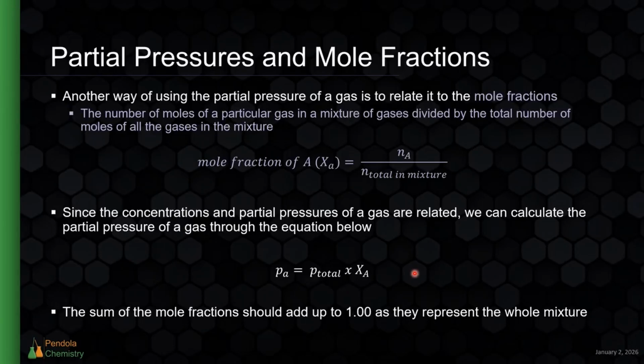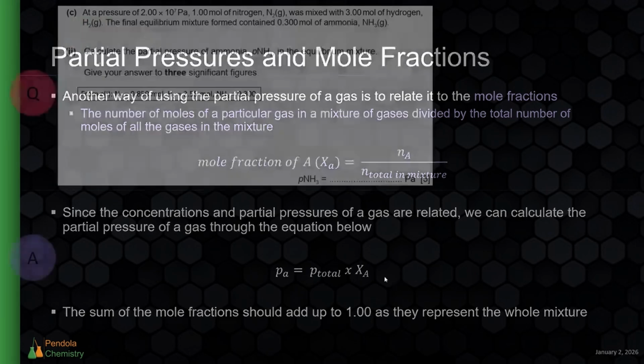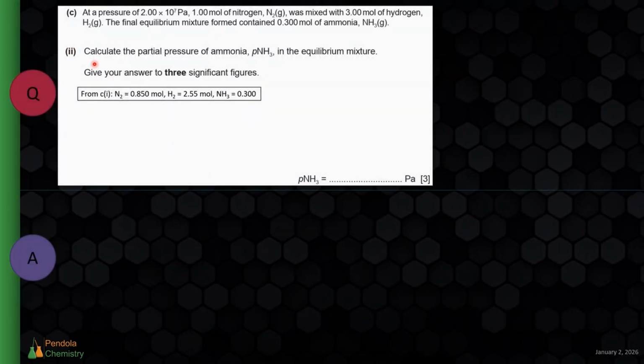So let's look at an example of a question that uses these mole fractions. This is part 2 of a question. I have gone ahead to save us time and solved part 1, which is just using an ICE table. But the question says, at a pressure of 2 times 10 to the 7 pascals, 1 mole of nitrogen gas was mixed with 3 moles of hydrogen gas.